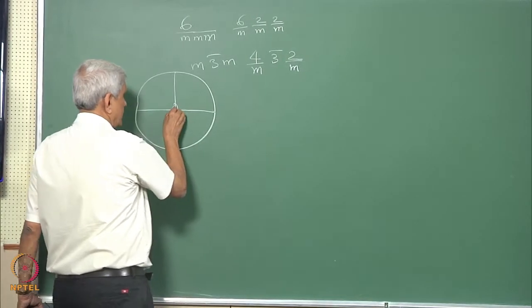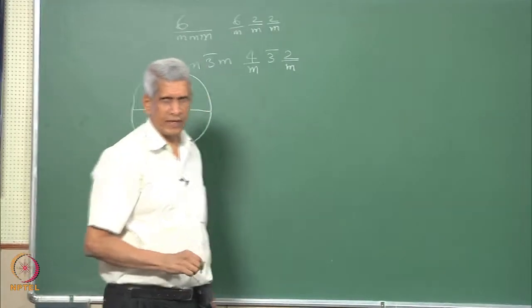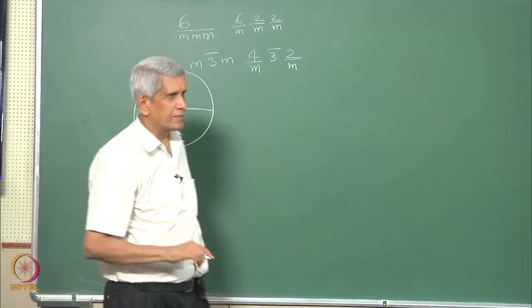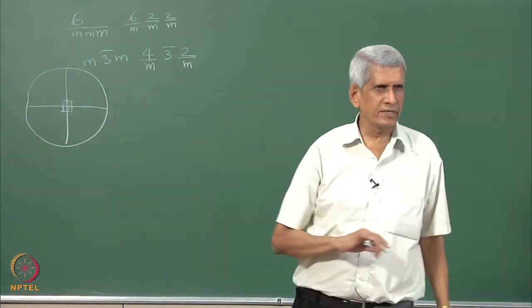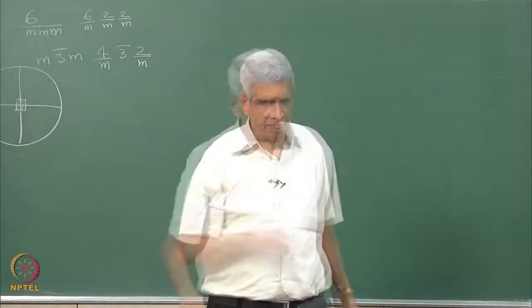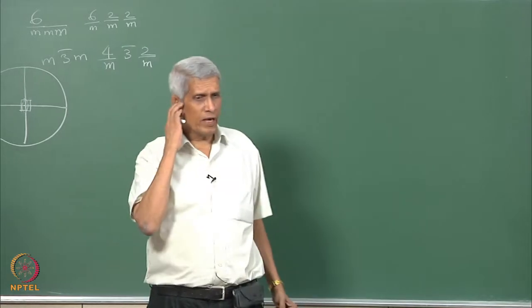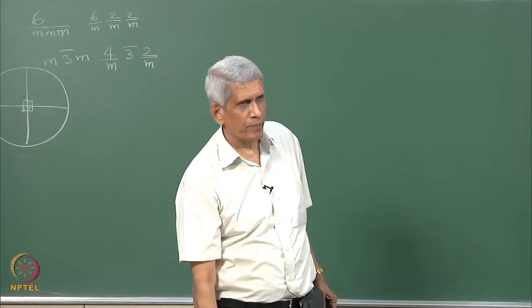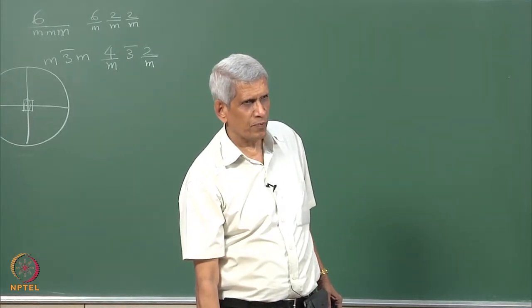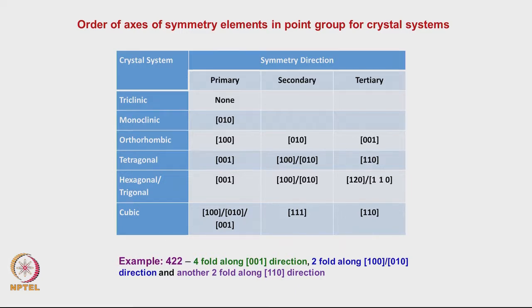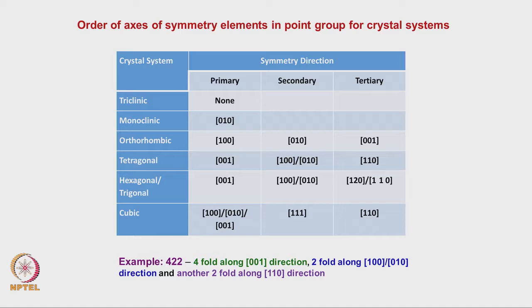This is the point through which the 2-fold axis is there, or here we have a 4-fold axis, right. This is how the various axes are represented. For a monoclinic, if you notice, it is mentioned as 0, 1, 0. That is the convention being followed: the 2-fold rotation axis is along the 0, 1, 0 direction.